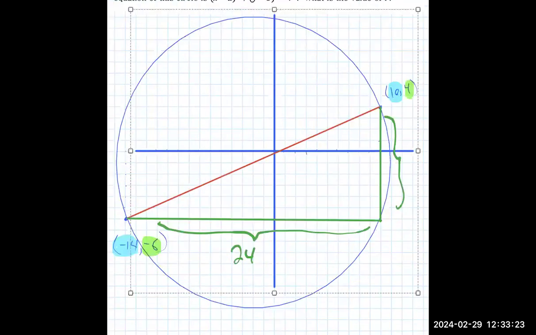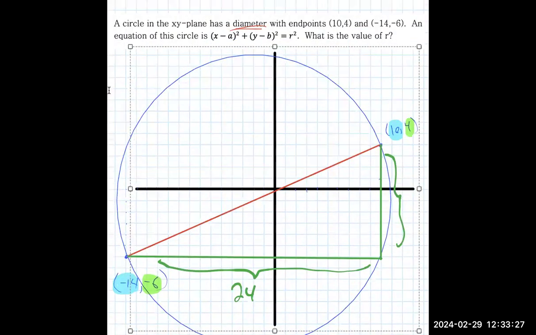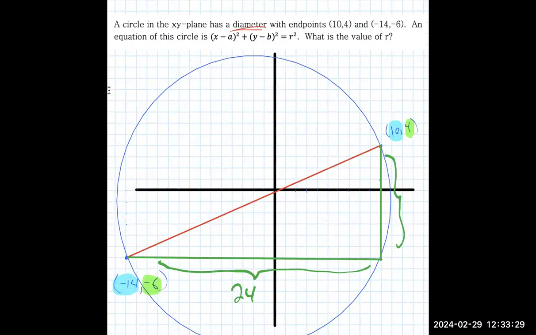Now, by the way, there's so much writing on this that I'm just going to go ahead and make the x and y axis a little darker so we can see it better. So we've got a right triangle with a horizontal component of 24 and a vertical component of 10. Because once again, that's going from a height of -6 to a height of +4. 4 minus -6 is 10.